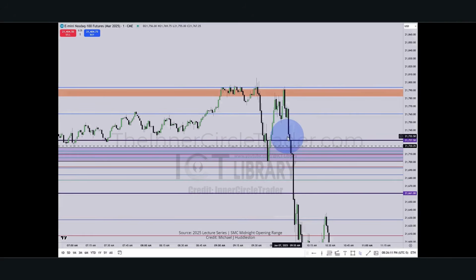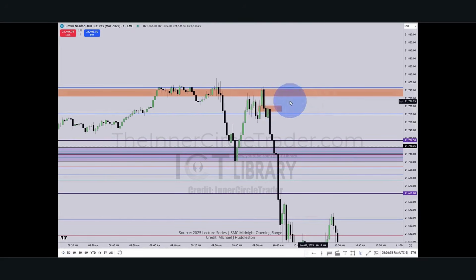And it does something that I've taught in 2024: inversion fair value gaps. And if we look at that volume imbalance right there, the idea is we've already made a run and created the high, and then it bumped it here at 9:30. The high today is getting raided. Then it trades lower.